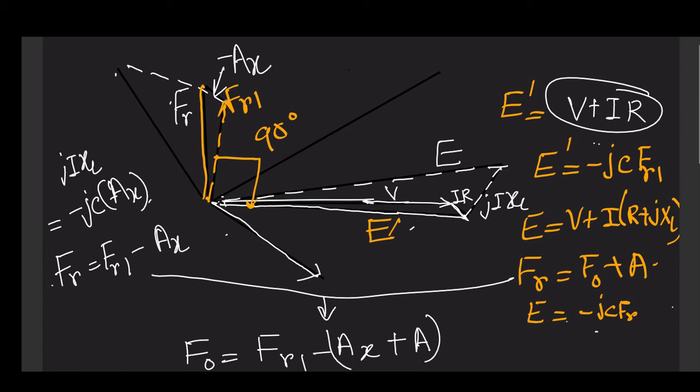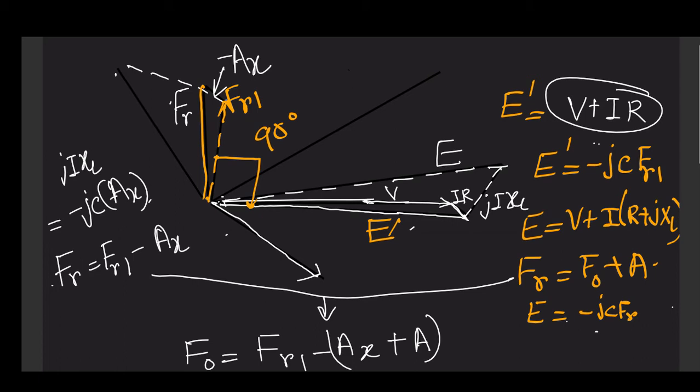Once we construct this, then we find out FR1, because we are assuming that this jXL is known to us, and if jXL is known, then the IjXL drop is also known, and for that we can have an MMF that is minus AX.